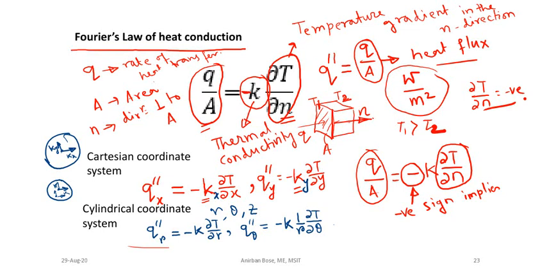And in the z direction it is the same as in Cartesian coordinates, minus K into del T del z. So these are Fourier's law in different coordinate systems. Similarly, you can write it for the spherical coordinate system also.